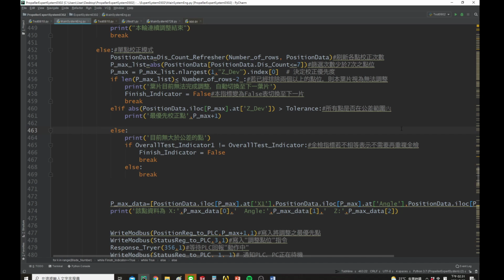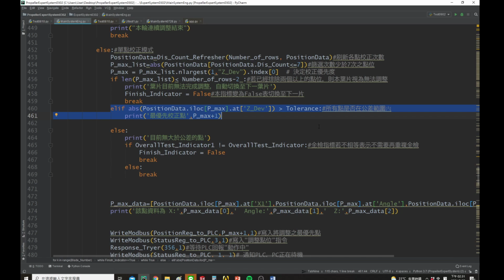The method here is if the maximum value is under 0.2, then everyone here must be under 0.2, right? Yes, correct. So the discrimination here is like that. If the largest deviation is under 0.2, then everyone must be under 0.2.